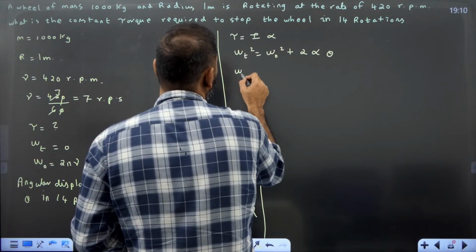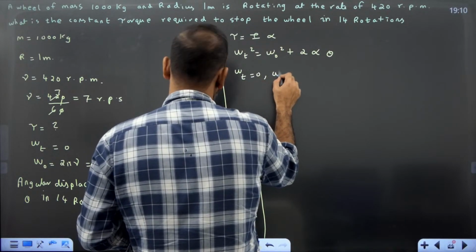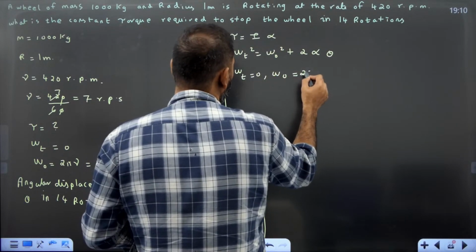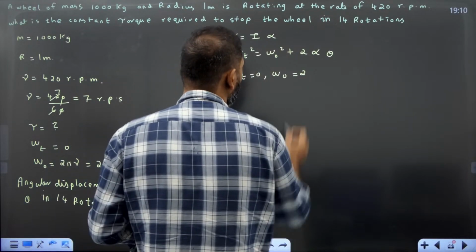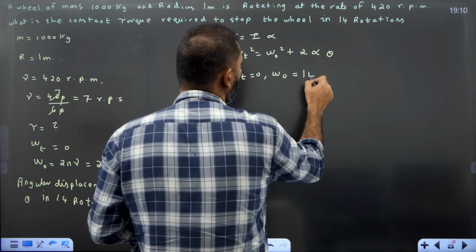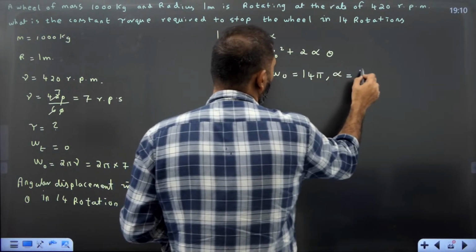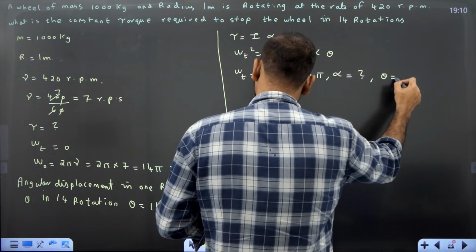Omega t is 0, omega 0 is 14 pi, alpha is unknown, and theta is equal to 28 pi.